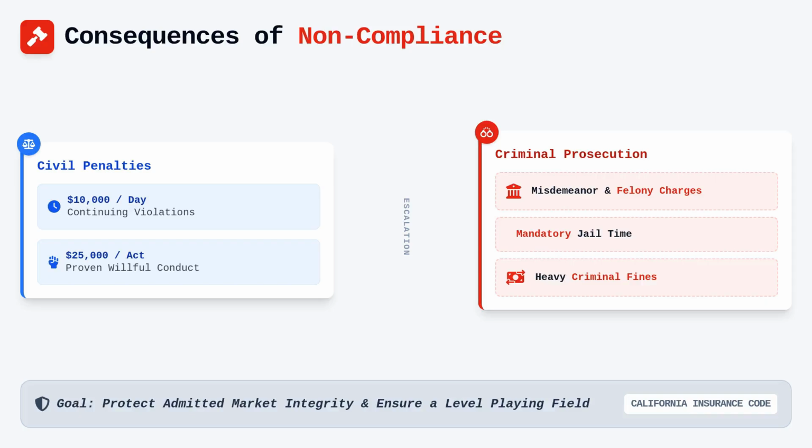Furthermore, acting as an unauthorized producer or participating in insurance fraud can cross the line from a civil matter into criminal prosecution, resulting in misdemeanor or felony charges that carry mandatory jail time and heavy criminal fines. The state uses these aggressive financial and criminal levers to protect the integrity of the admitted market and ensure a level playing field.